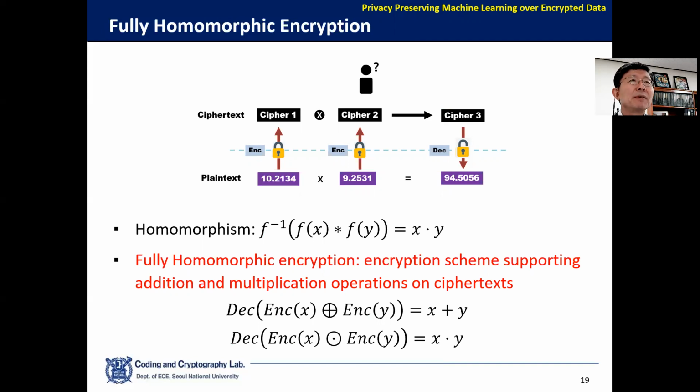But if you encrypt 10.21 to cipher 1 and encrypt 9.25 to cipher 2, then when you multiply ciphertext 1 and ciphertext 2, we obtain ciphertext 3, and when we decrypt ciphertext 3, it becomes 94.50. So if it works, then we call it fully homomorphic encryption.